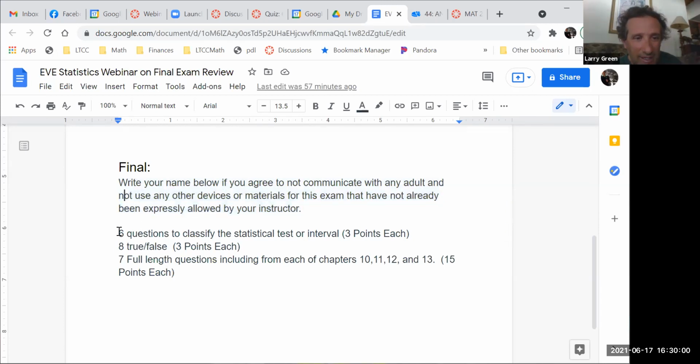Okay, then the next question, there are actually 6 of them, are questions to classify the statistical test or interval. I do want to let you know they're only 3 points each, which is different than the full-length ones, which are 15 points each, because they're quick.